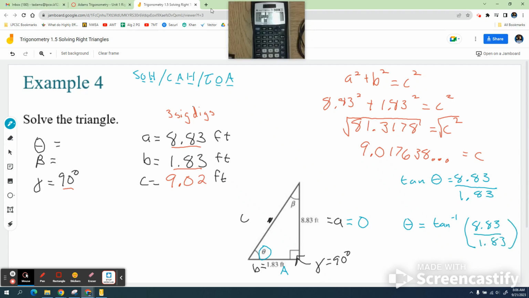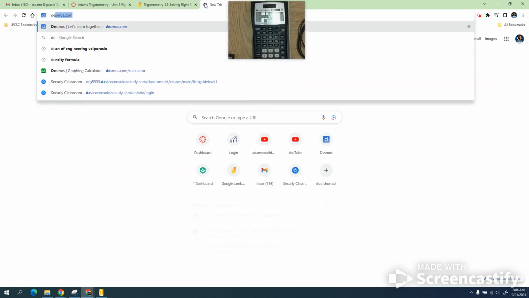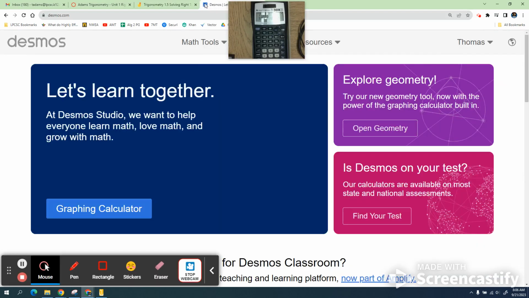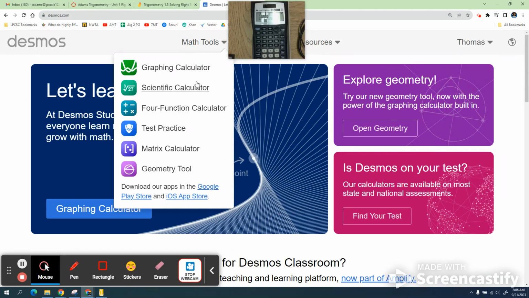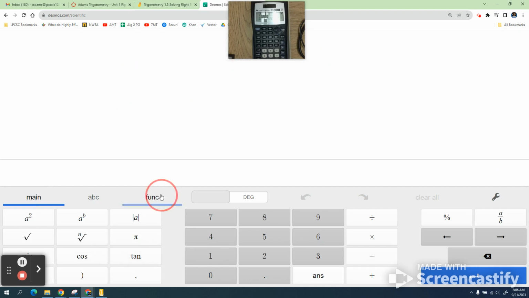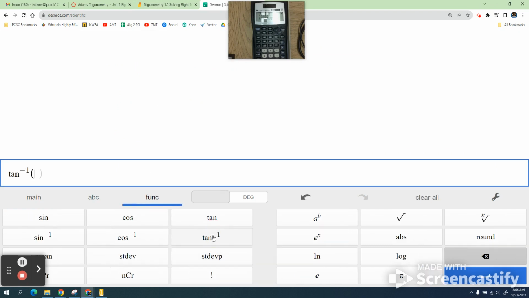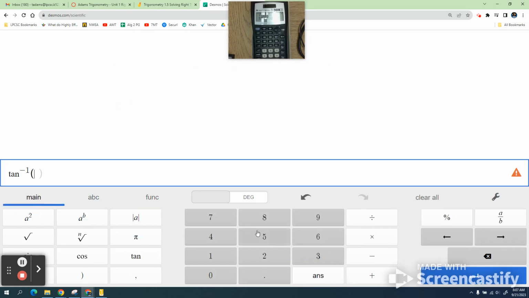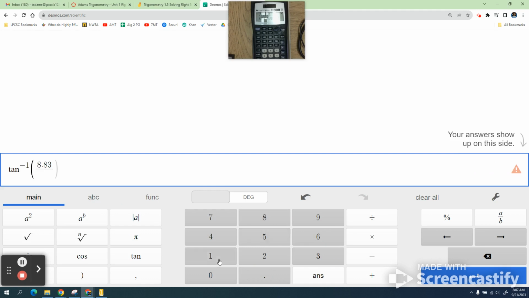I'm just going to do this on a calculator because you can't see my screen, which is unfortunate. So remember, to find the inverse functions, I hit that, and then it was 8.83 divided by 1.83.